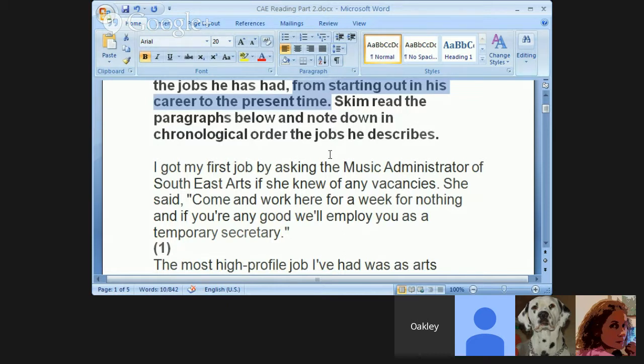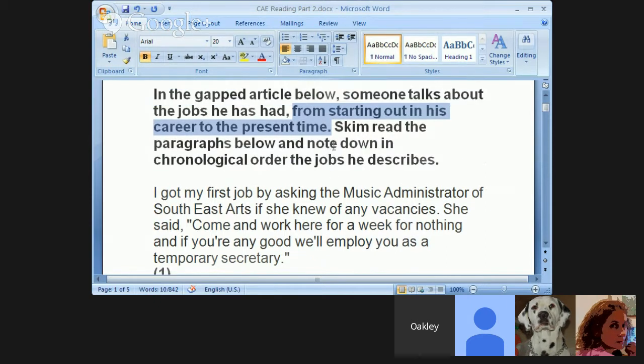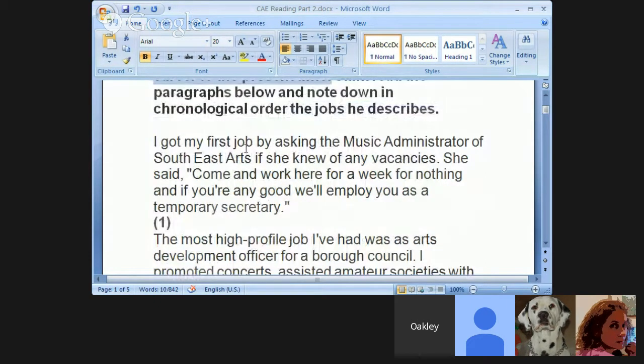However, I might suggest that you at least skim the gapped article itself to get an idea of the flow and how long he stops, how many different jobs he's talking about, and how long he stops on each one. How quickly is he doing the chronological order? Just get his general idea. What is he doing? Presenting a job, giving a description, presenting a job, giving a description. Is he going off on tangents about related things? What's he doing?